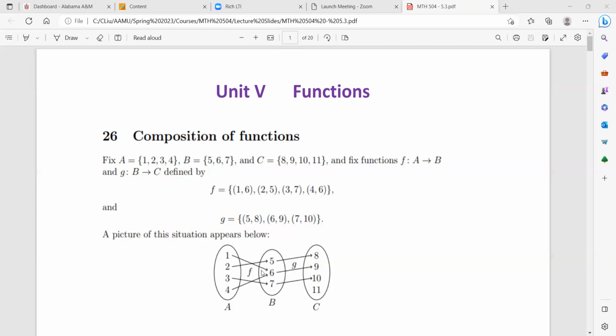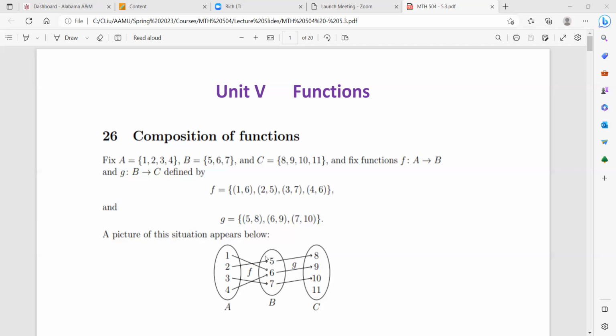Now, if you forget about the set B and just look at the input on the left from set A and the output in set C, you're going to see 1 maps to 6, and 6 maps to 9, so you can draw an arrow directly from 1 to 9.